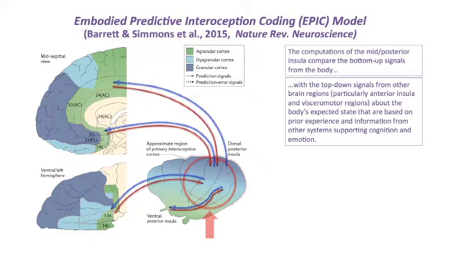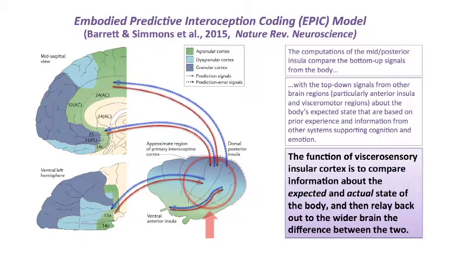Those prediction error signals are taken into the computations of the subsequent predictions and adjust the output until eventually you settle in on a perceptual experience. So the function, according to this model, of the viscerosensory insular cortex is to compare information about the expected and actual state of the body, and then relay back out to the wider brain the difference between the two.